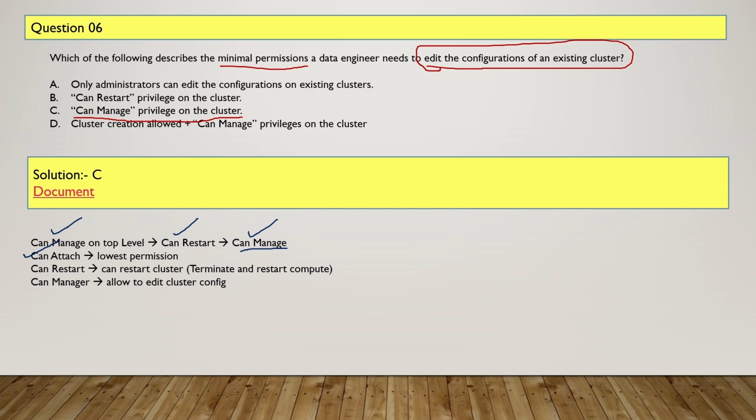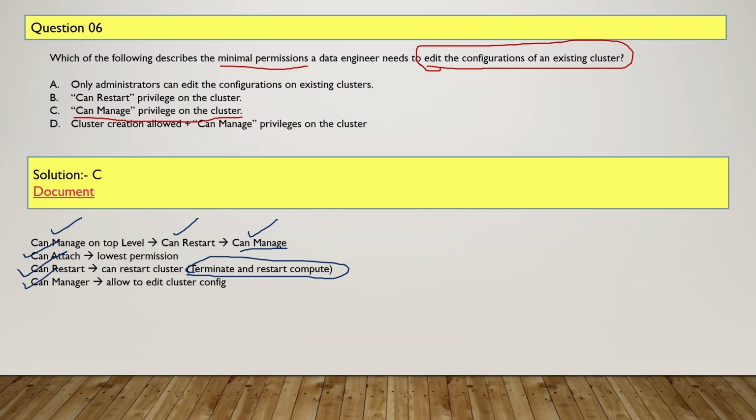With Can Attach, a user can only attach a notebook to the cluster and run it, and can look into the Spark UI and similar things. If we want a user to be able to restart and terminate the cluster, then we provide the Can Restart permission. Can Restart includes all the permissions from Can Attach plus two more: terminate and restart the compute.